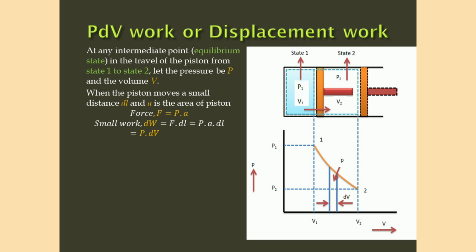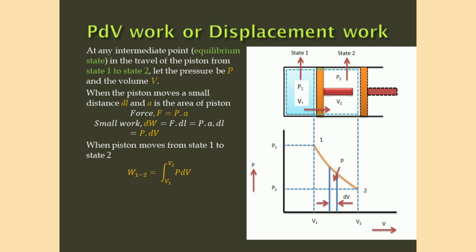The small work dW equals force into distance travelled by the piston, that is F into dl, that is pressure into area into dl. But A into dl is the small volume dV covered by the piston. It is shown in the PV diagram. Therefore, we can write dW equals PdV.